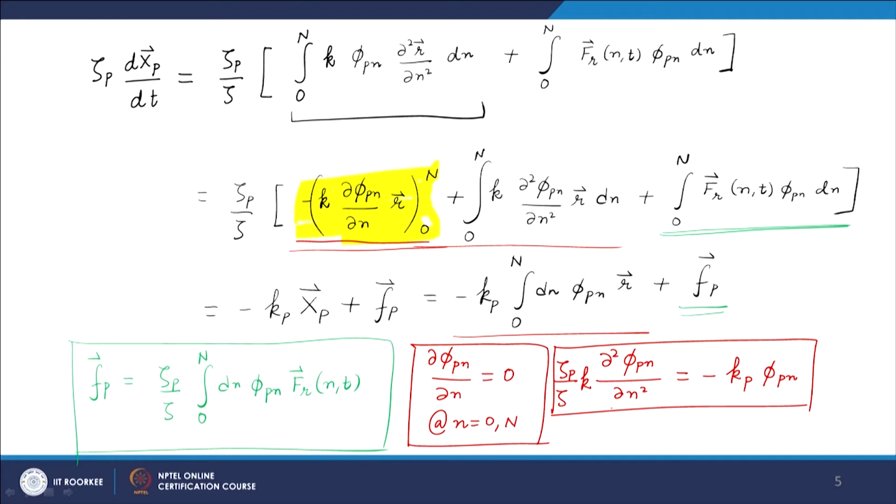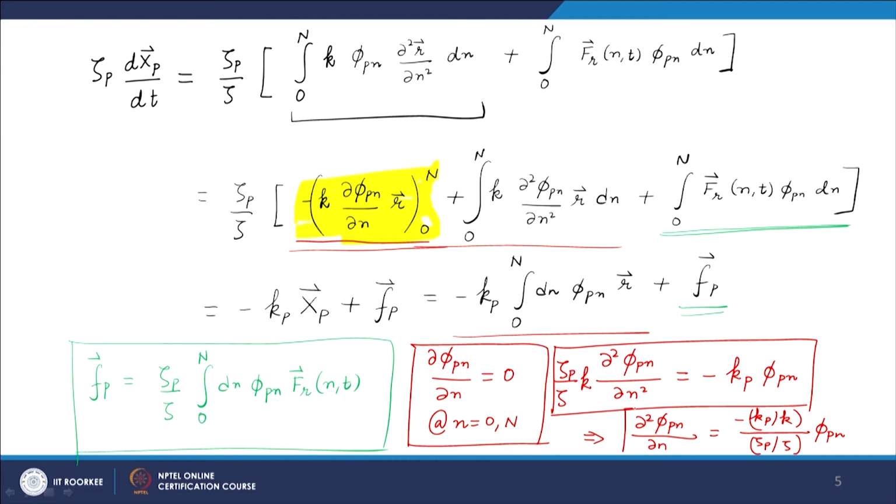So, if I look at this equation, I can also write it as something like this.